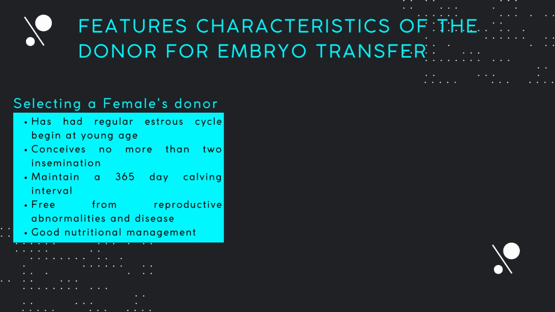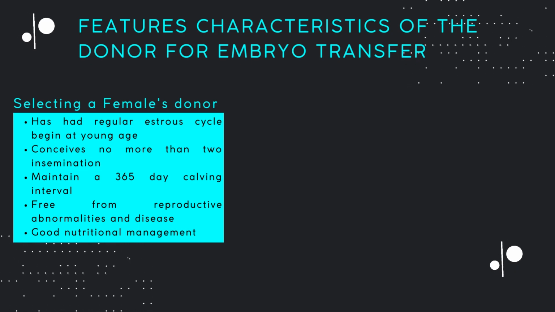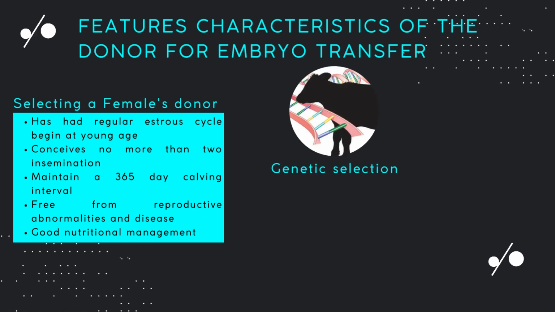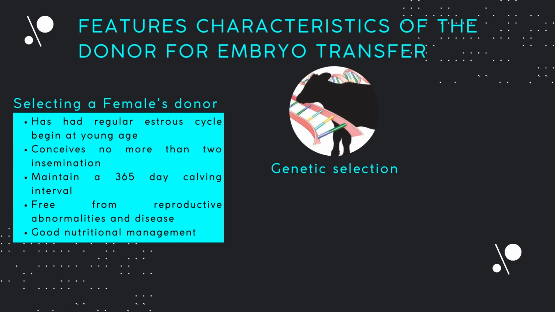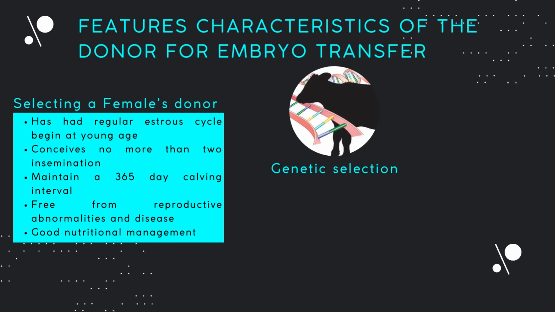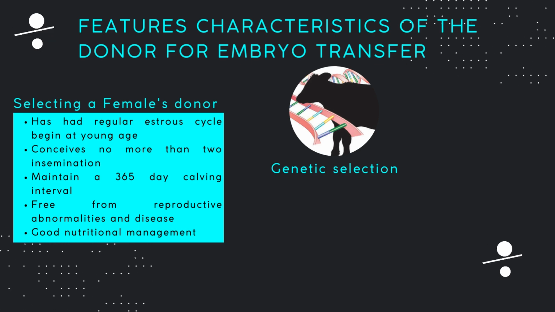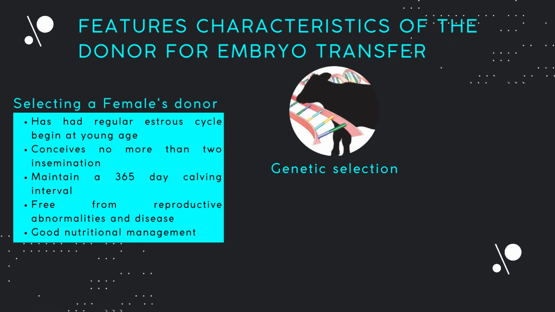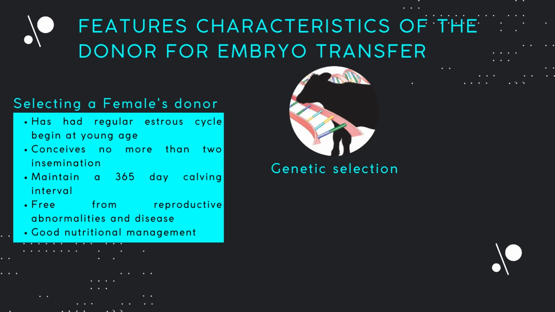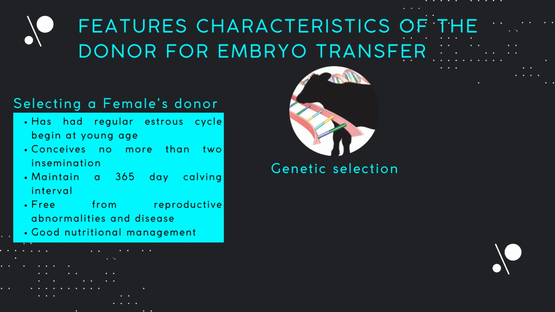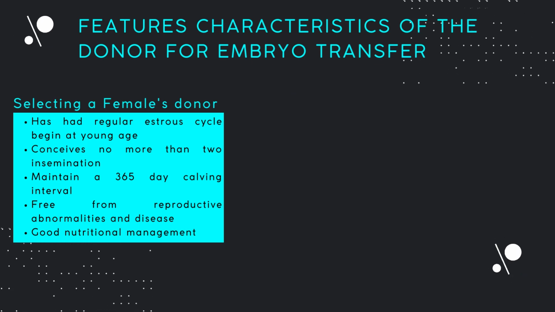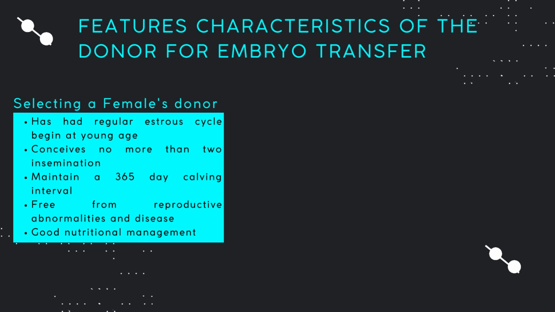The characteristics of the donor for embryo transfer also include genetic selection, where cattle breeders can increase selection power by utilizing genetic statistics that incorporate production data, not only for the individual in question, but also production data from its offspring, ancestors, siblings, and other relatives. The second one is phenotypic selection.